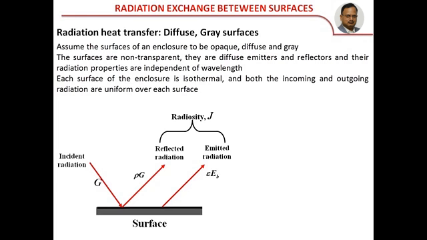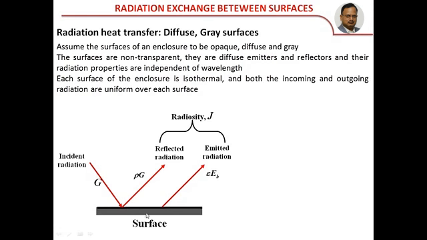For that purpose, we need to arrive at two important resistances. One is surface resistance, the other one is shape resistance. Let us see what is surface resistance and what is shape resistance. You imagine there is a surface. G amount of radiation is incident on it. When the surface has got reflectivity rho, rho part of it gets reflected.